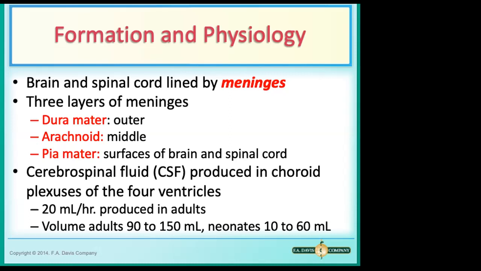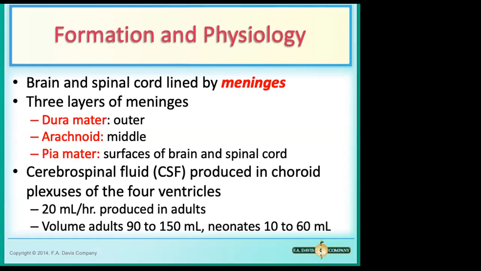The cerebrospinal fluid, the CSF, is produced in the choroid plexuses of the 4 ventricles. Remember there are 4 ventricles. There is the choroid plexus of the lateral ventricle, the choroid plexus of the 3rd ventricle, and the choroid plexus of the 4th ventricle.